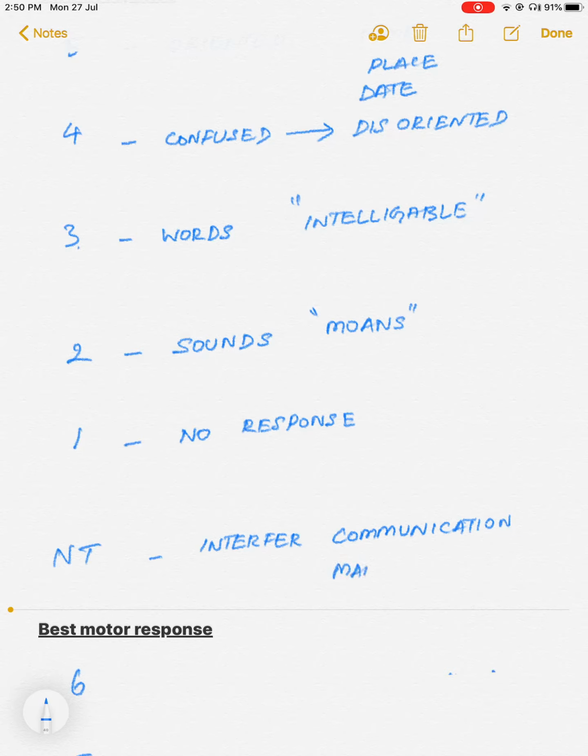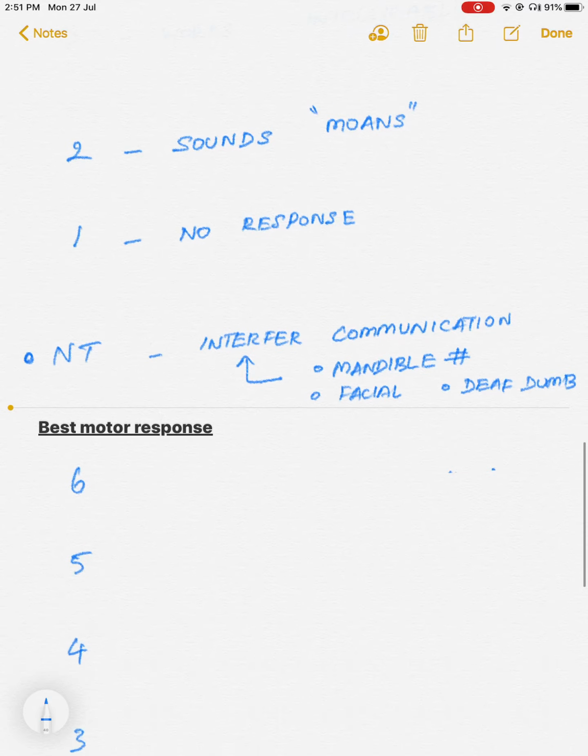A mandible fracture will certainly restrict the mouth opening, or any other facial injury, or if the patient is deaf and dumb. All these factors will interfere with the communication skills. So in that situation, we use this term called NT.